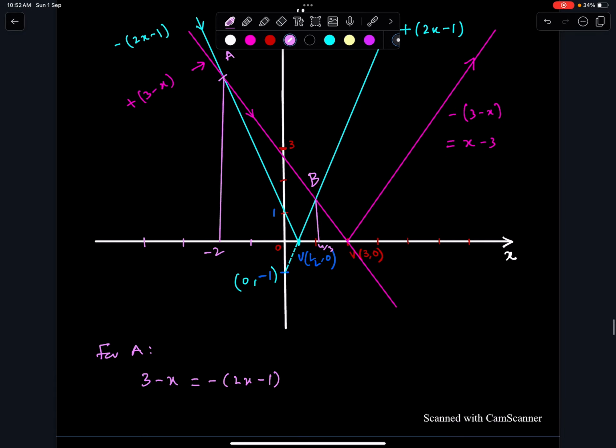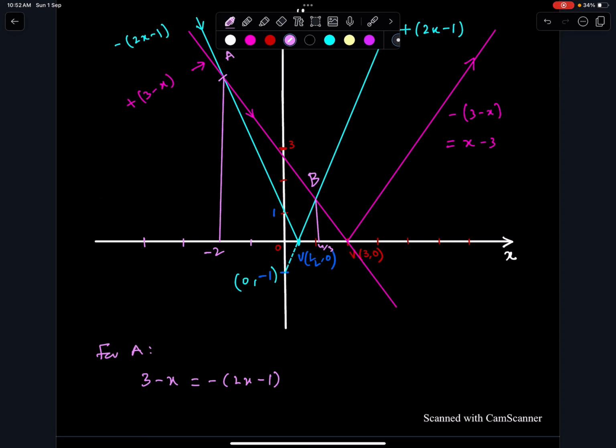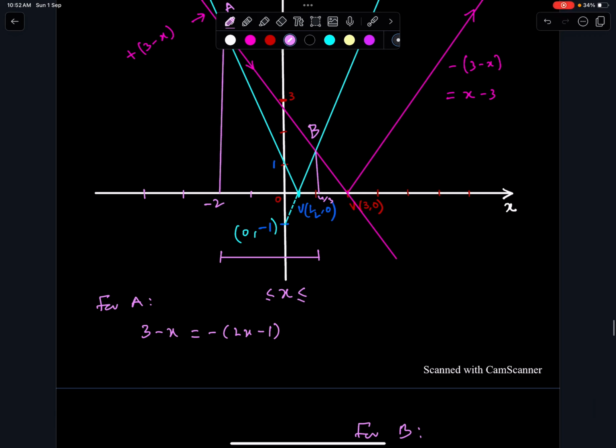Now we have 2 possible solutions. Either this is the required part, or this and this are the required parts. So if we suppose that this is the required part, then we will write the solution in this way: x less than or equal to 4 upon 3 and greater than minus 2.